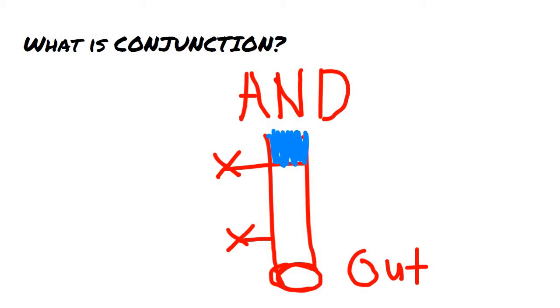How about if we open the other one? We could see that the water will flow. However, the second switch or valve will hinder the output, so still it will be false.